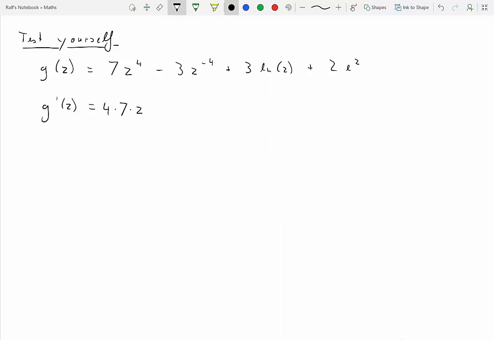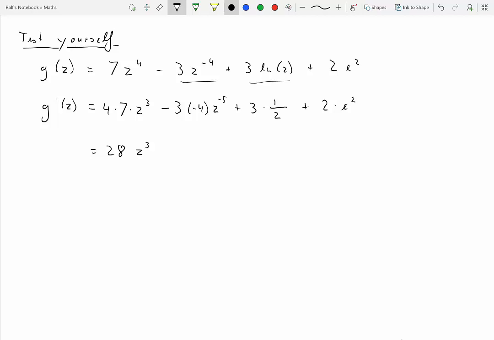So here is the derivative. The first term is 4 times 7 times z to the 3 minus 3 times negative 4 z to the negative 5, just using the addition rule and our standard power rule, then plus 3 times 1 over z, because 1 over z is the derivative of ln z, and then plus 2 times e to the z, because e to the z is the derivative of e to the z.